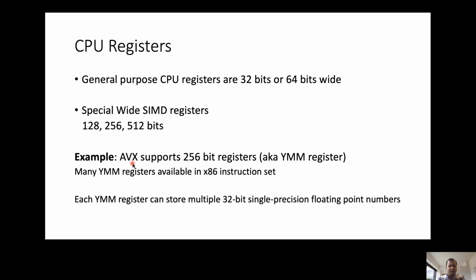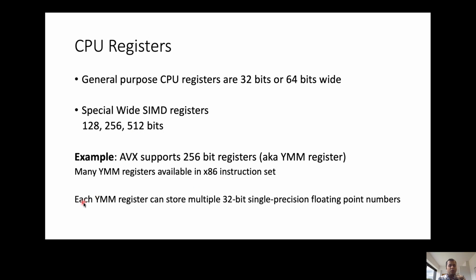So as an example, the one that we are using in this lecture, AVX instructions, advanced vector extensions in the instruction set architecture x86, supports 256-bit registers, and there's a name given to that register, the YMM register. So you'll have register names like YMM0, that's the first one, YMM1, that's the second one, and so on, right? So there are multiple such registers.